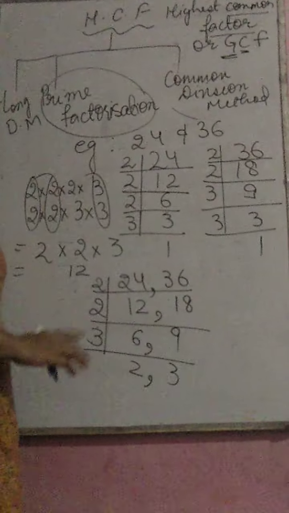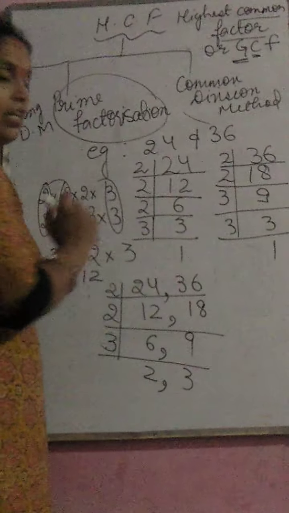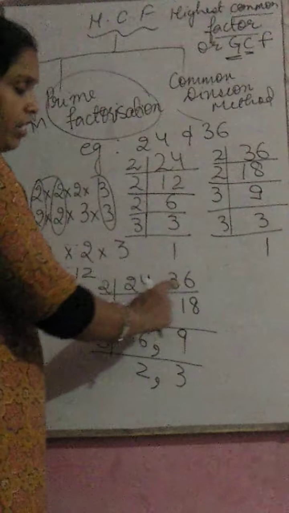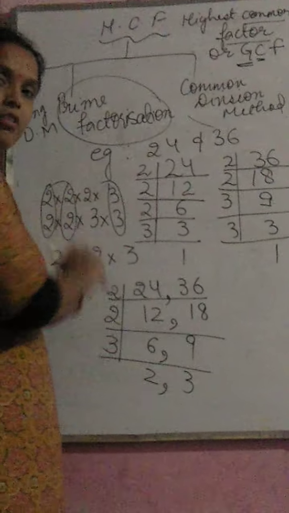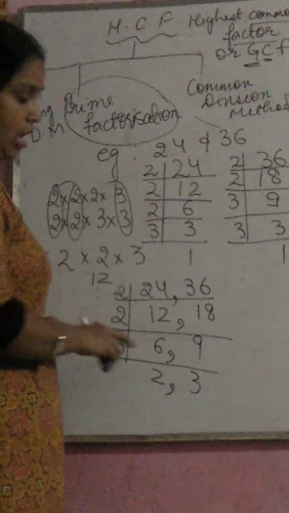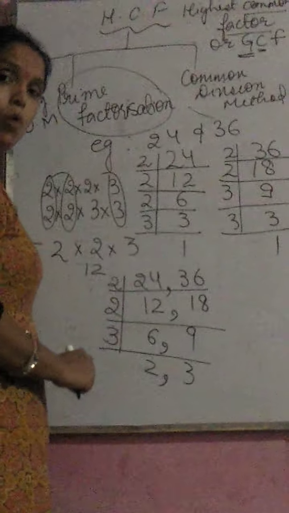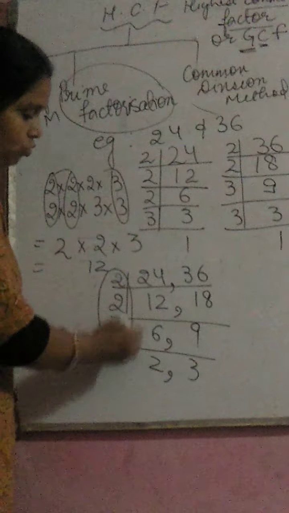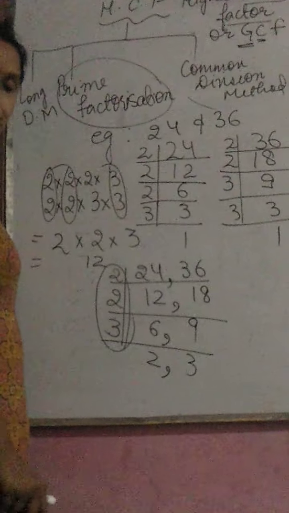You take the prime factors which divide the numbers. If you have 3 numbers, you take a prime factor which divides all 3, or at least 2. Here I have 2 numbers, so I take the prime factor which divides both. So my HCF is 2 multiplied by 3, that is 12.